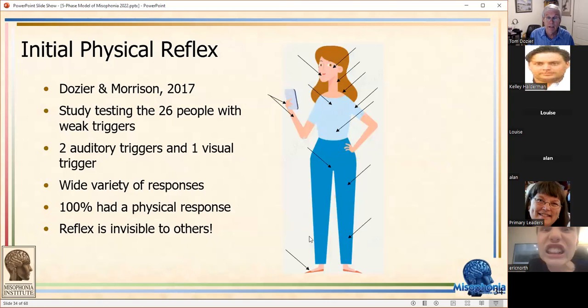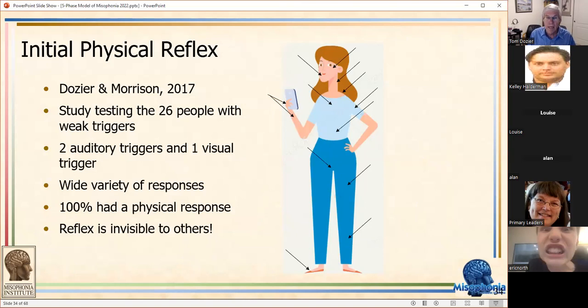So anyway, these arrows show the locations, so that one person might clench their jaw, another person curls their toes. And a person may have, for, let's say, eating triggers, they may clench their fist. And then for breathing or sniffing, their calves may tighten up.